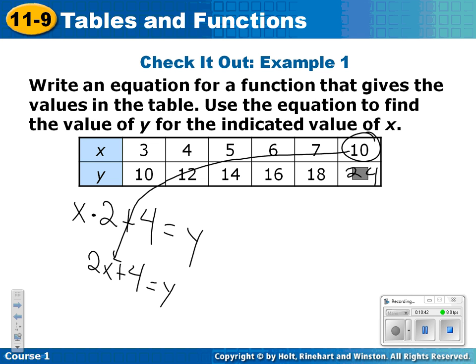So we could find any value for x. If we really, really wanted to get crazy, we could say x was 6,342. We could find a y value for that. All we would have to do is plug in 6,342 times 2 and then add 4. Yes? That will not be on your quiz or anything like that.